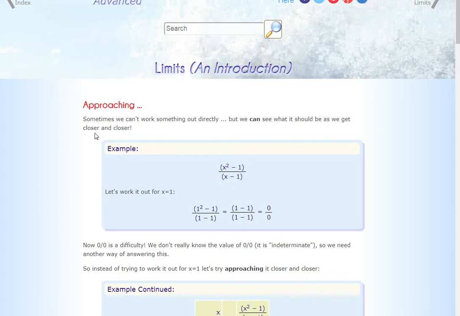So limits are useful when we can't work out something directly, but we can see what happens as we do what? Get closer and closer to a certain value. That should be something that you have written down on your note guide.